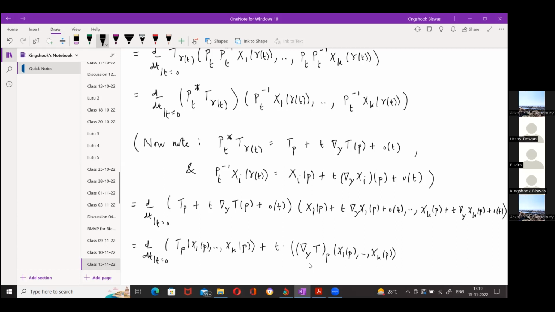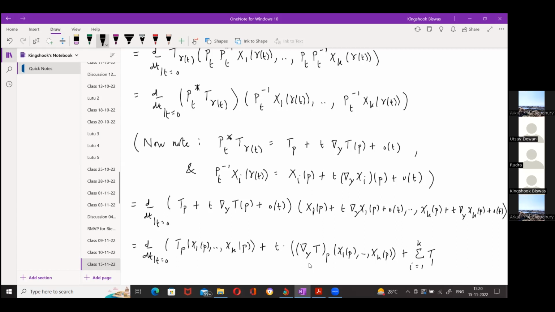And then what will the other terms in t be? There will be a summation, i goes from 1 to k. I'll get one t from here and then I let T_p act on this. If I take the other term with t, then I'll get an order t squared term, so I ignore those. If I just look at the first order terms, they will come from these nabla_Y xi's and this T_p.